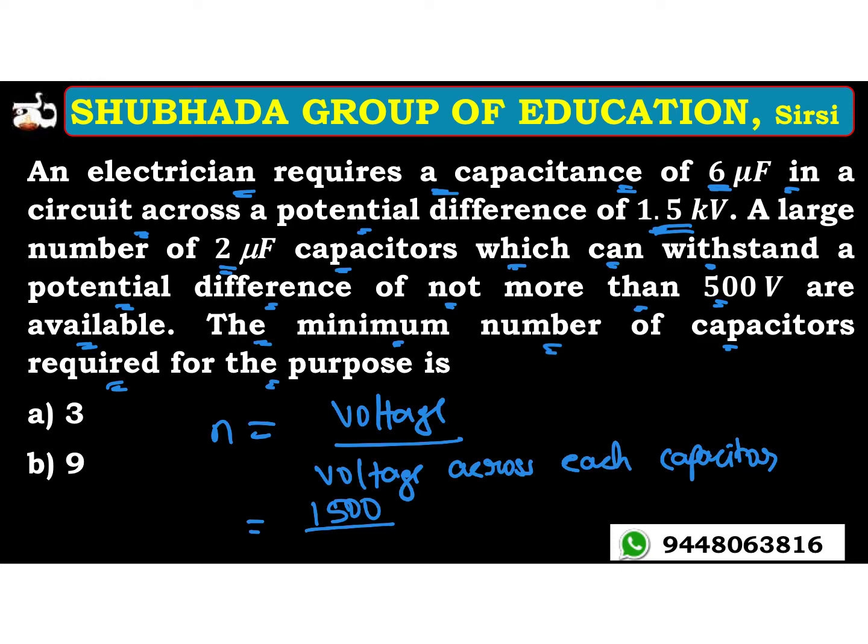So N is equal to 1500 volt, since 1.5 kilovolt is given, divided by the voltage across each capacitor, which should be not more than 500. That's the reason it should be 500 here. Hope it's clear to everyone.